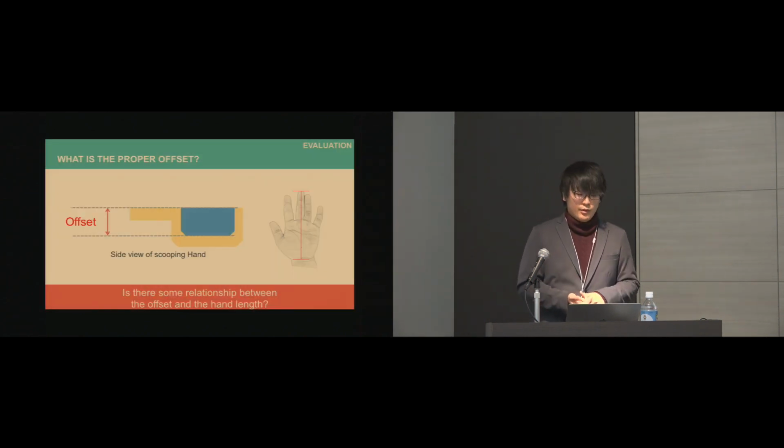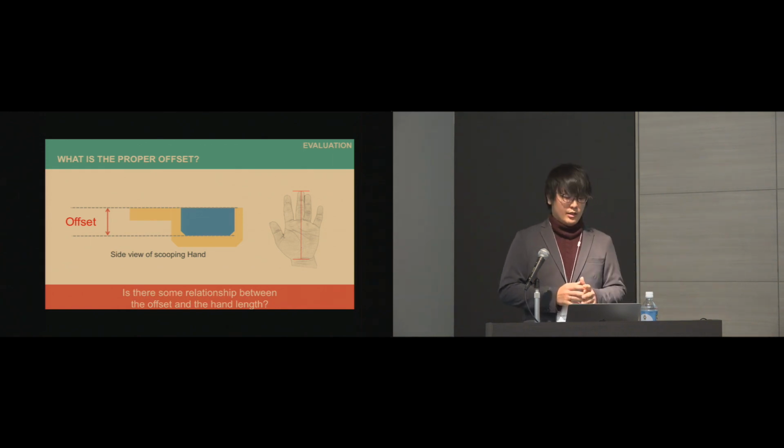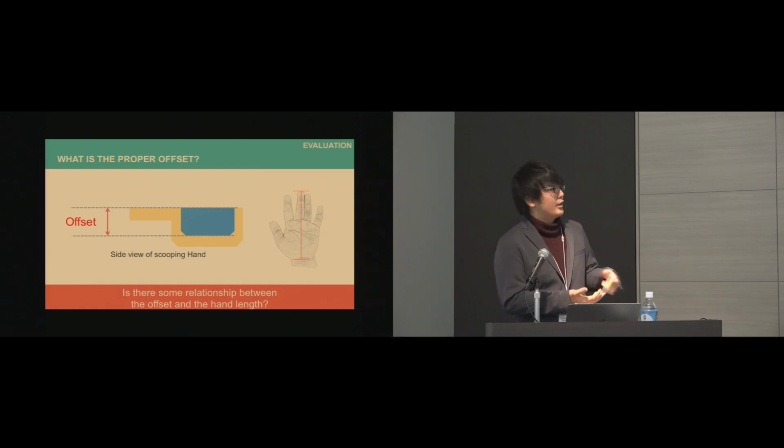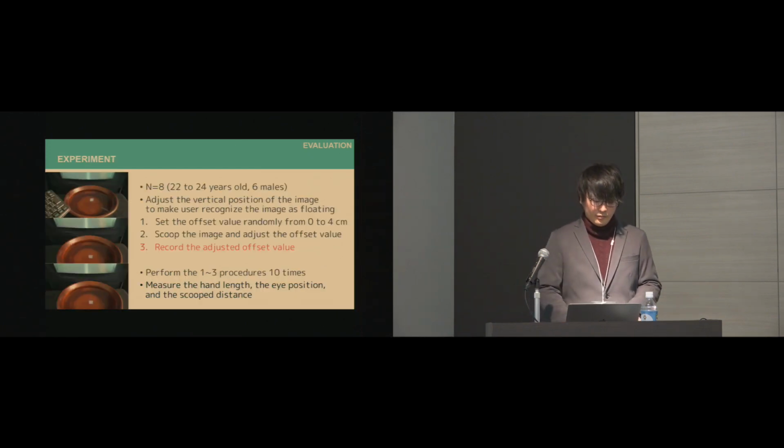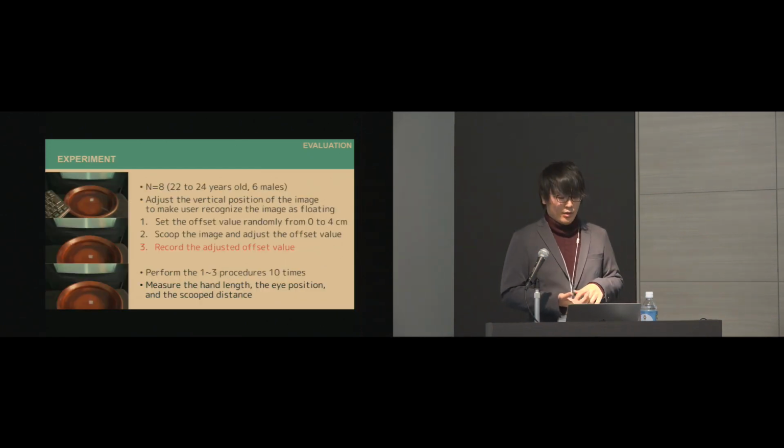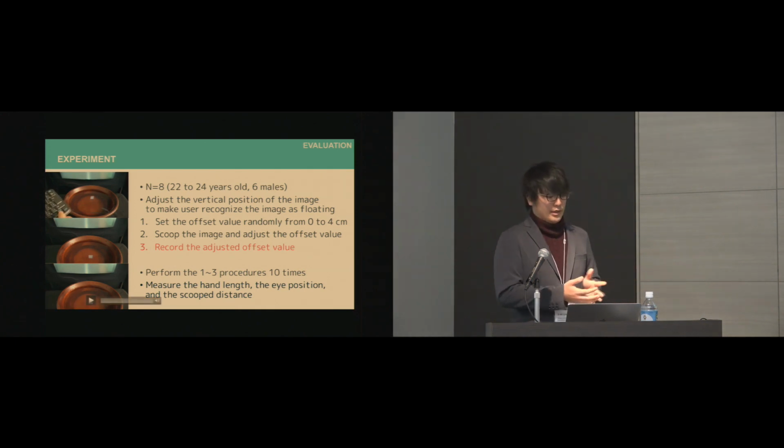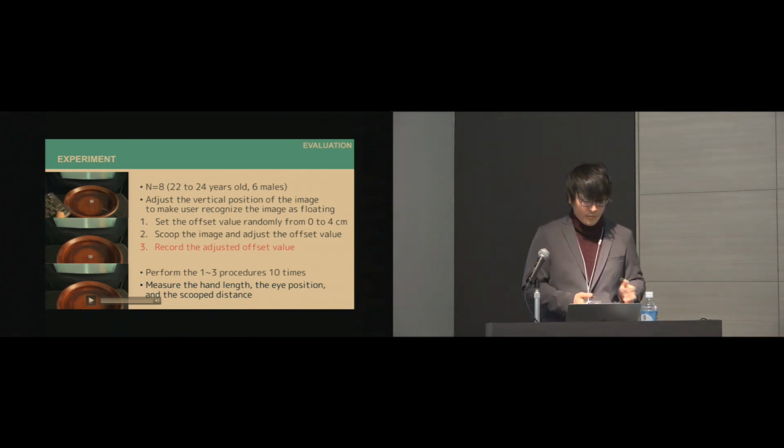To decide the proper offset value, we performed an experiment. We wondered if there is some relationship between the offset and the hand length. Eight participants performed the following procedures. The participants adjust the vertical position of the image to a point where they can recognize the image as floating on the water surface, using a keyboard.